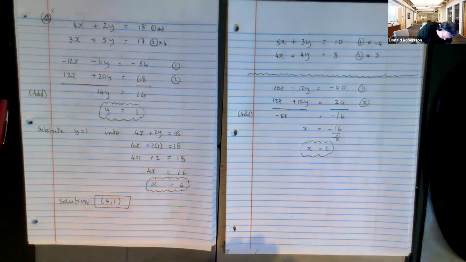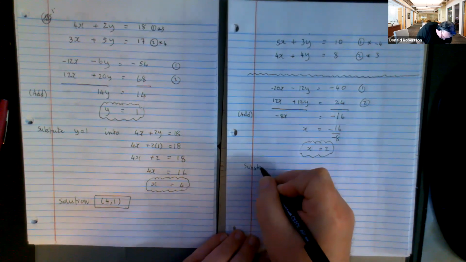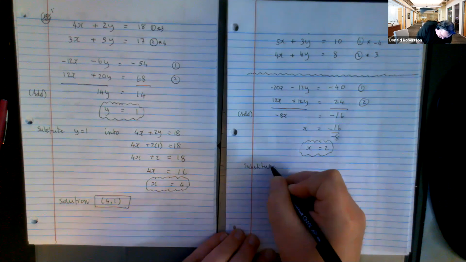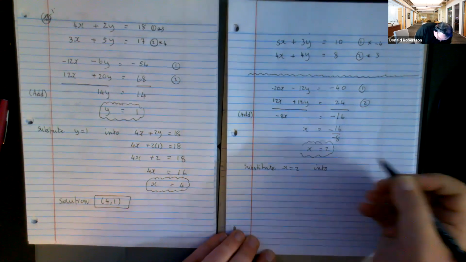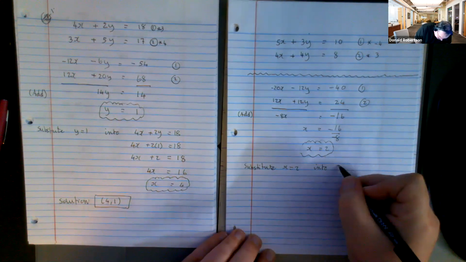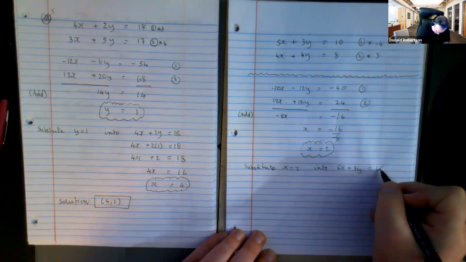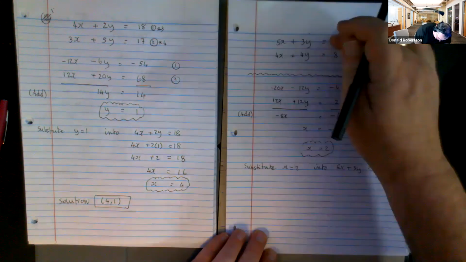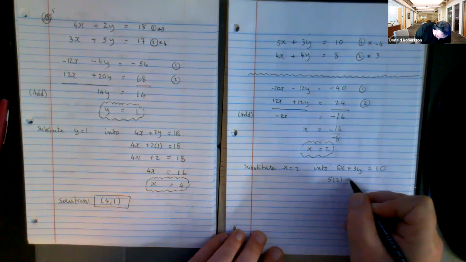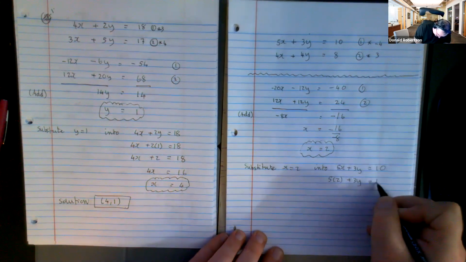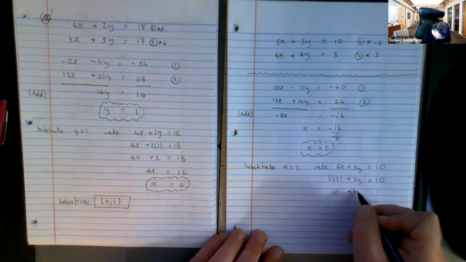And now I'm going to substitute, and this is where the sneaky part comes in. I'm going to substitute x equals 2, and I'm going to put it into the first equation because I'm kind of lazy today, which is that equation up there. And what's that going to get me? 5 lots of 2, add 3y equals 10. 10 add 3y equals 10.